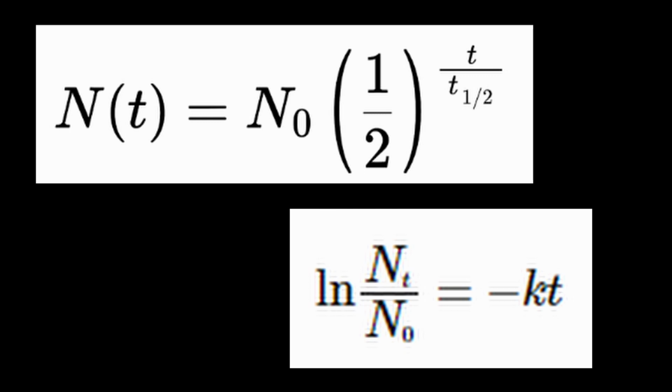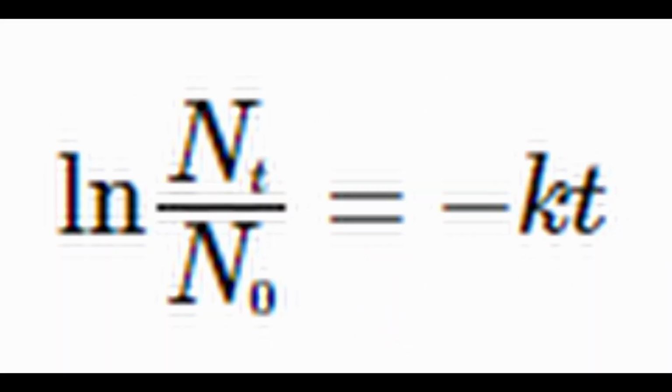So now we just went through 2 different equations. The last equation we'll go through covers the kinetics of radioactive decay. The equation, natural log of N_t divided by N0, where N_t is the amount after decay just like in the half-life equation, and N0 is the initial amount, equals negative kt.